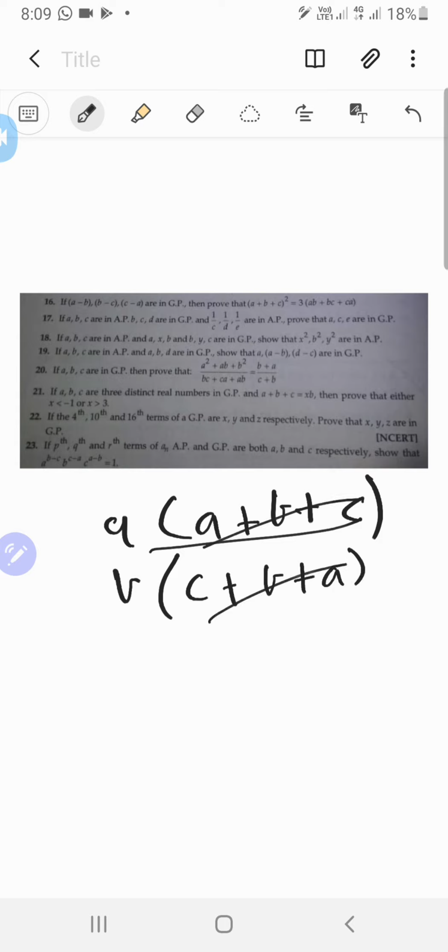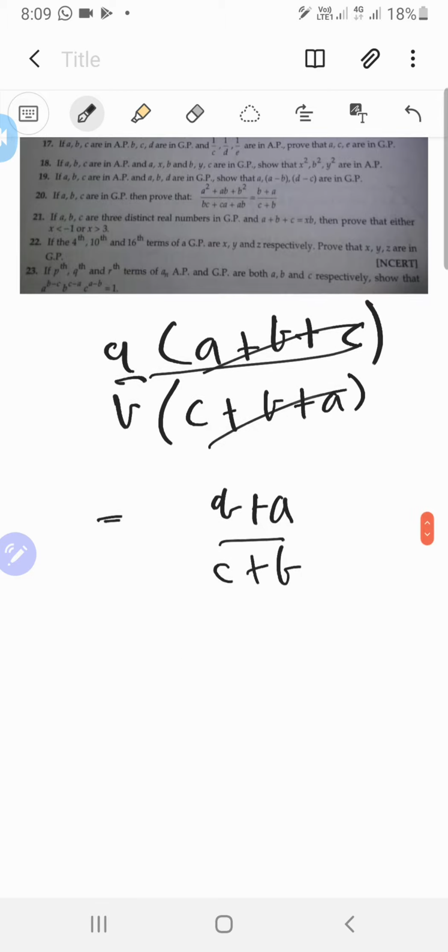This thing cancels completely, and we have to prove that this is equal to b plus a upon c plus b. In other words, the equation is more like ac plus ab equals b squared plus ab.